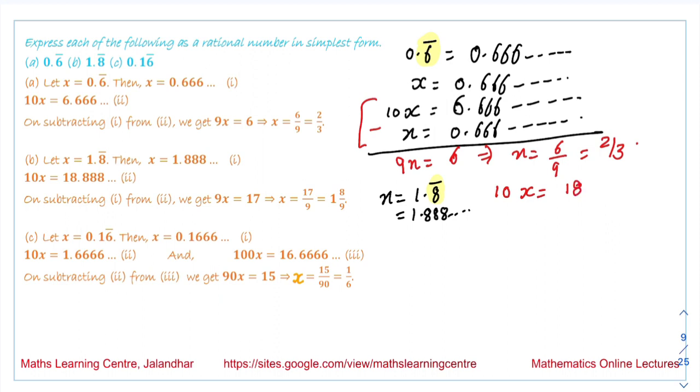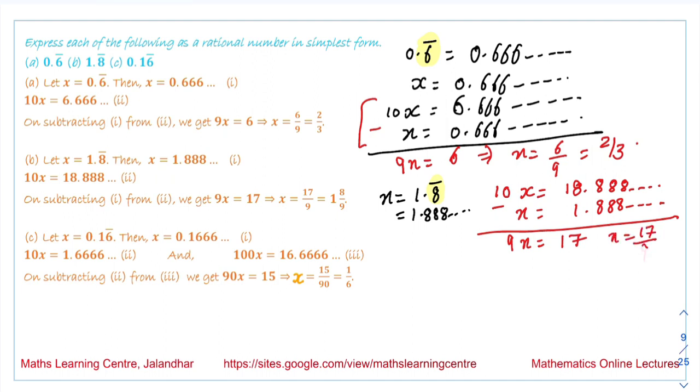So this will become 18.888 and so on. Next we are saying x is equal to 1.888 and so on. So if we subtract these equations, we get 9x is equal to 17. So we get x is equal to 17 by 9 and that is equal to 1 whole 8 by 9.